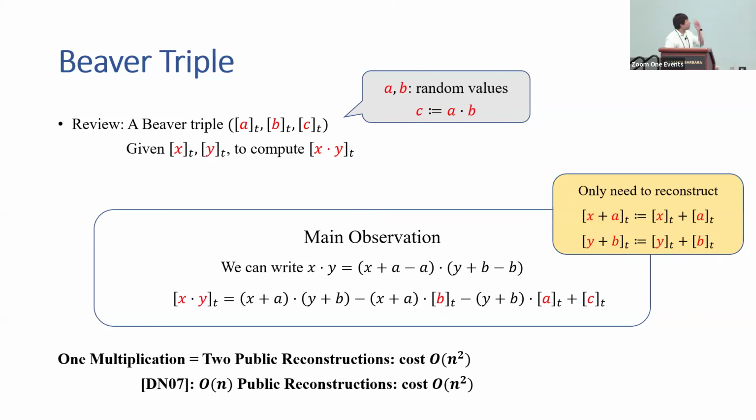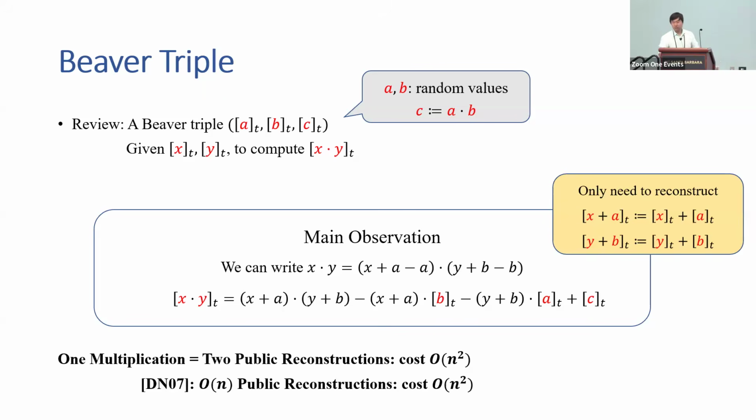For those that don't know, a Beaver triple is essentially a triplet of values, A, B, and C, where A and B are random, and C is the multiplication of A times B. All these three values are shared with degree T. And what is important here is that to process one multiplication gate, we can use one Beaver triple. And the cost of one multiplication essentially reduces with this equation to 2 public reconstructions.